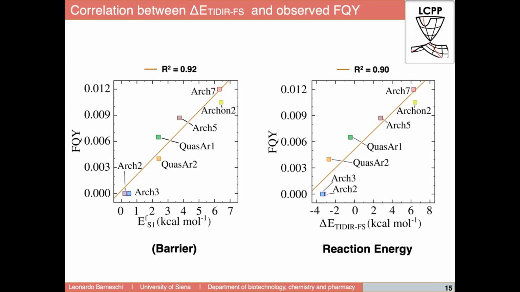From now on, this difference in energy between the two minima, which are the points connected by the minimum energy path, we'll just refer to as a reaction energy, because it can really be thought of as a reaction on the excited state that can be either exothermic or endothermic. If the products are higher in energy, the transition state will more resemble the product, and I will have a higher barrier.